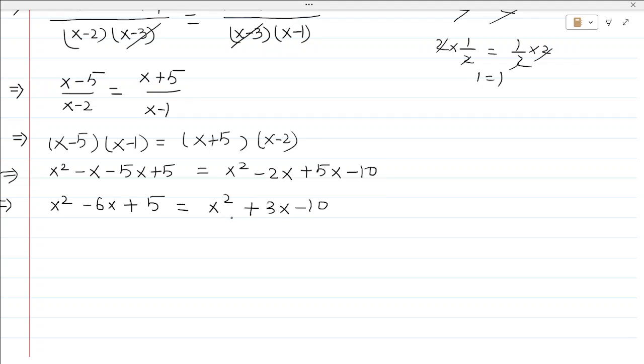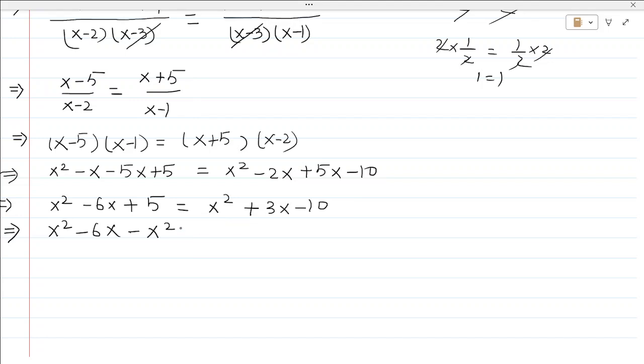See, we can transfer all the x to one side. We are transferring this minus x square to the left hand side, it becomes minus x square.